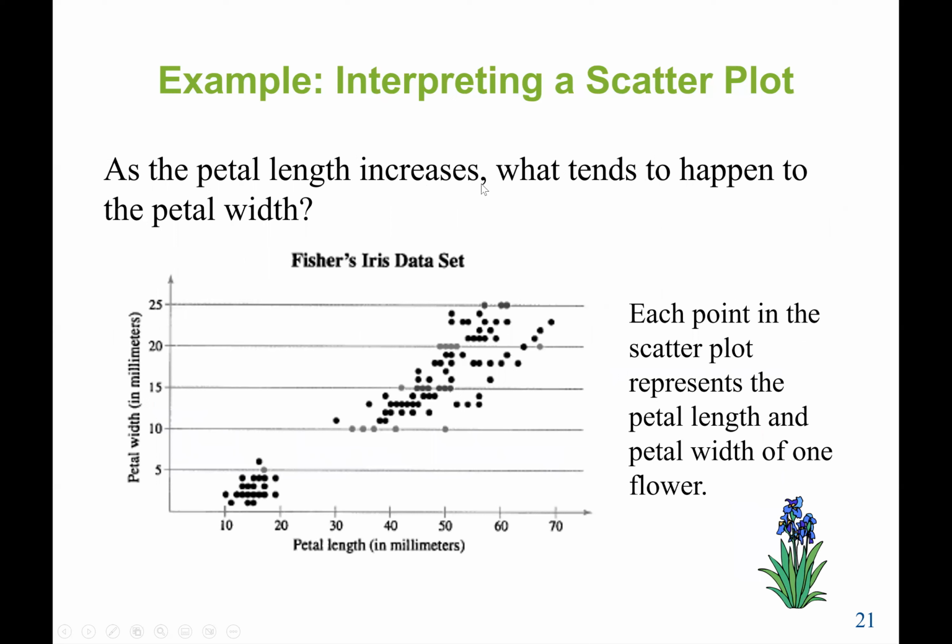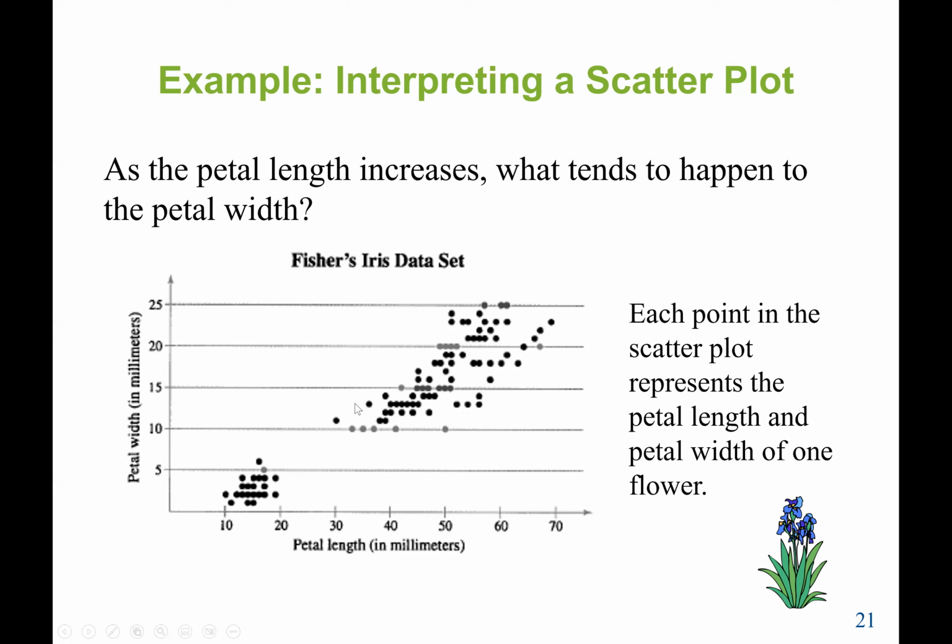So as the petal length increases, what tends to happen to the petal width? We can see that the petal width also increases, because the petal length is the horizontal axis. As it's increasing, the petal width is also going up, because they are going towards the right. Each point in the scatter plot represents the petal length and petal width.